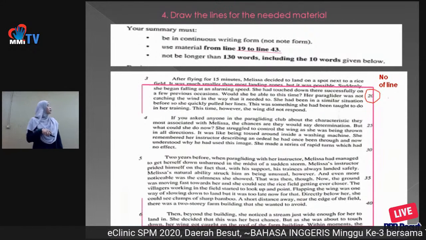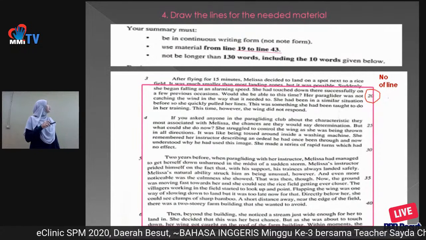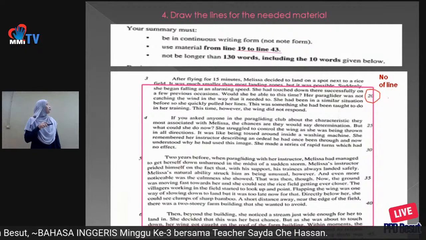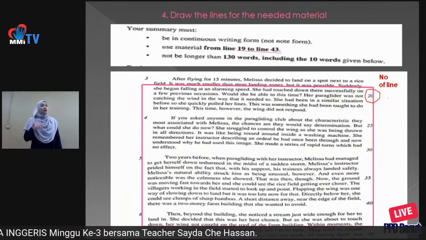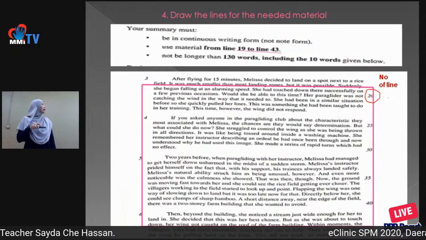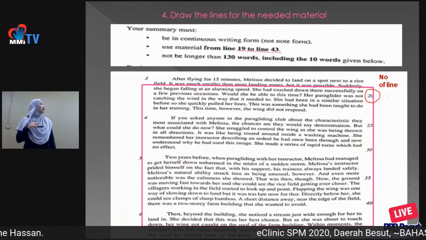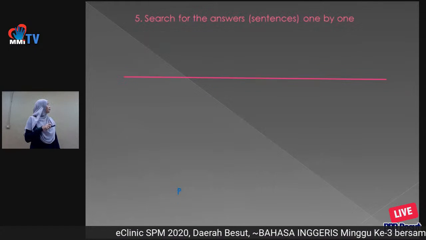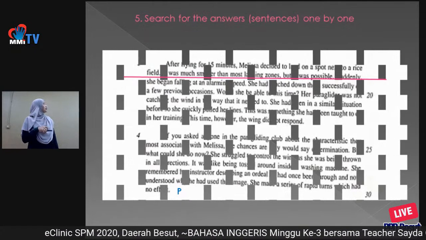That's your box. That's my meaning of draw the lines for the needed material. These are where we will find the answers for our summary. Do it like this. When you look at it like this, you won't feel too lazy to read one by one.